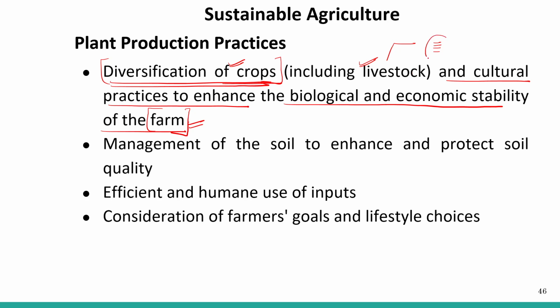That manure can be used on this particular farm as fertilizer. We can avoid using chemical fertilizer and use this manure instead. If you are using this manure, then you are following sustainable agriculture. So that particular farm is going to be biologically and economically stable in the longer term.